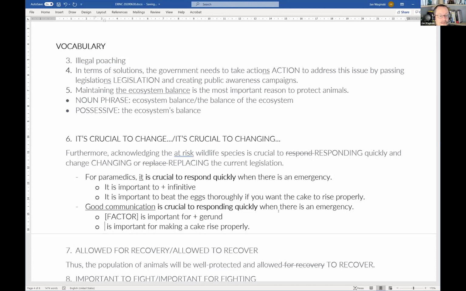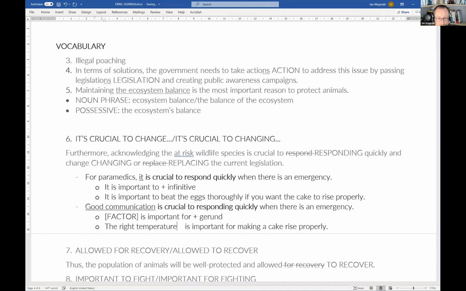Sorry, say again, please, the first part of this sentence. It's crucial to keep an eye on the temperature of the oven. Okay, let me just simplify that.